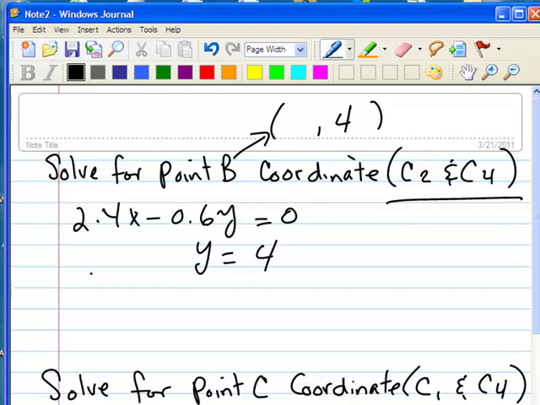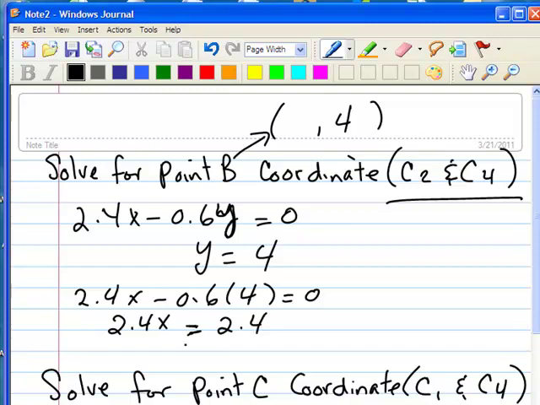So we can plug y equal to 4 in this constraint. So we get 2.4x minus 0.6 times 4 is equal to 0. So we get 2.4x is equal to, now take this 0.6 times 4, which is negative 2.4, and take it to the other side, and the sign changes, so we get 2.4. So x is equal to 2.4 divided by 2.4, which is 1.